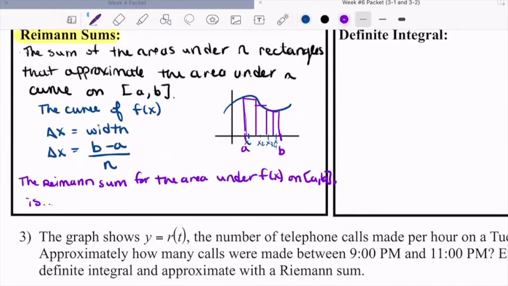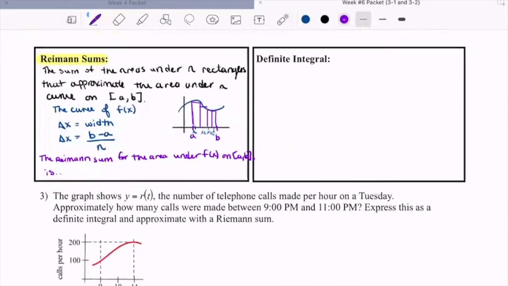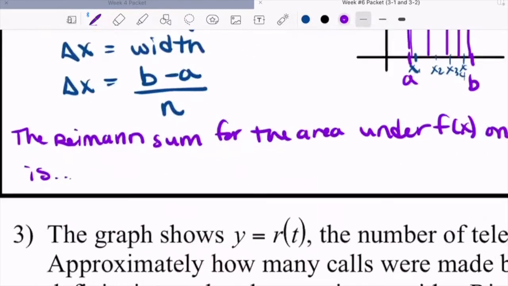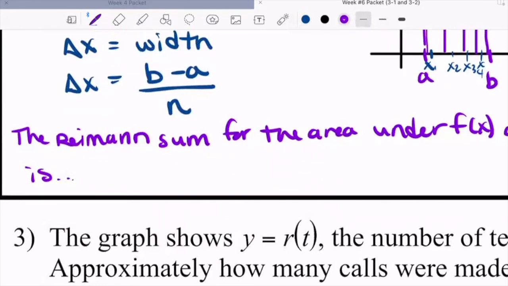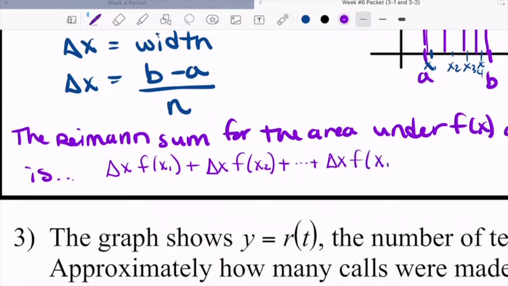So we would look at the sum to be the addition of all of the areas of those rectangles. So it would look like change of x times f of x sub 1 plus change of x times f of x sub 2 plus all the way up until change of x times f of x sub n.